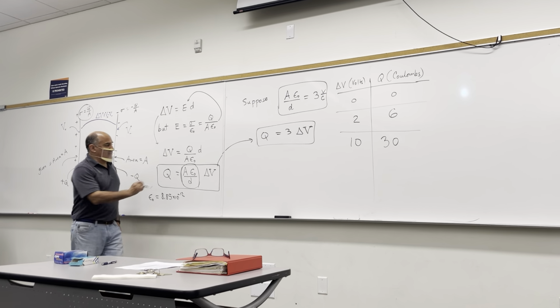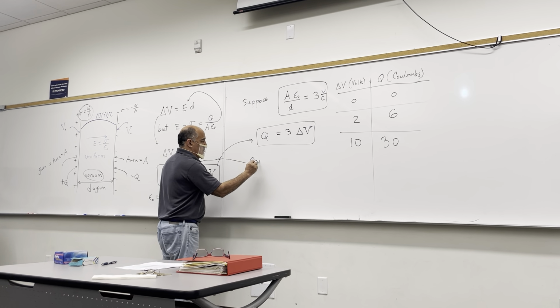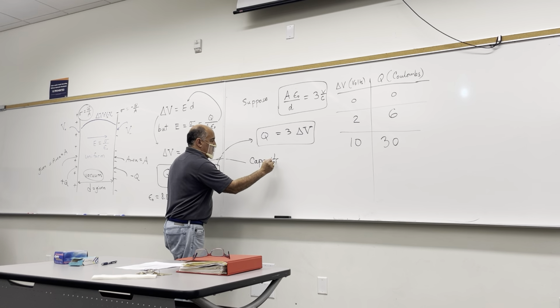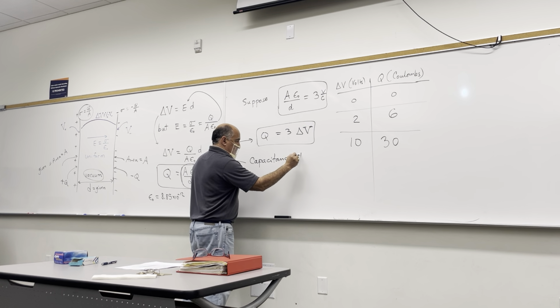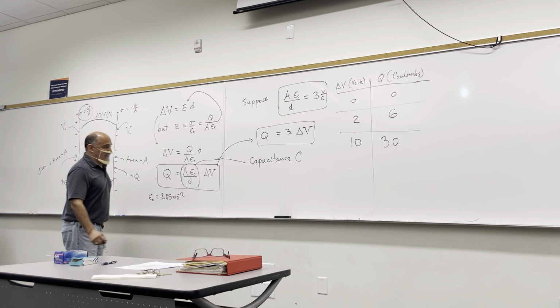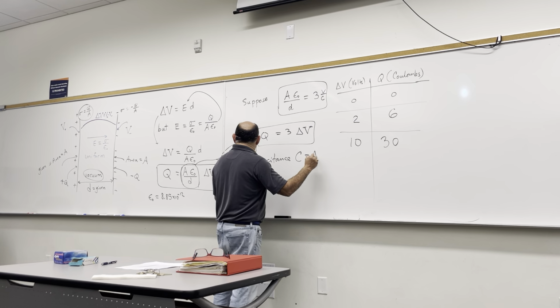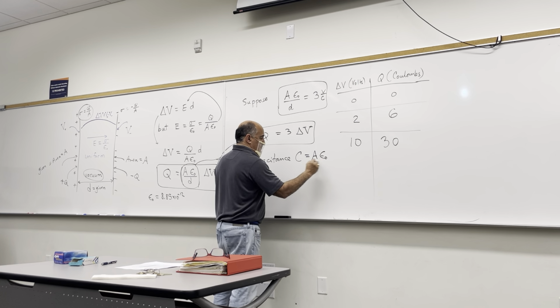This constant of proportionality is called the capacitance. And for the case of the set of parallel plates, it is the area of the plates times epsilon naught divided by d.